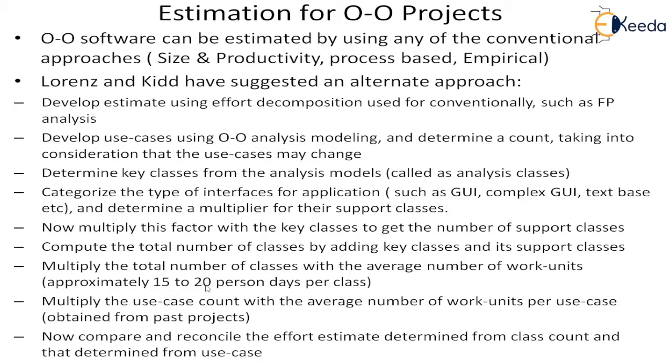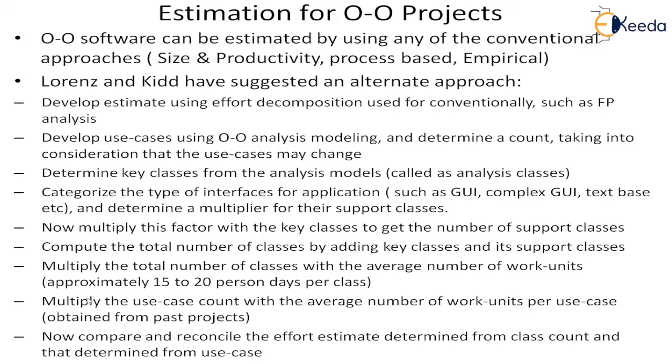So you can take that. So by using this productivity factor, per class, you can determine the effort for all the classes. Now you have the FP method. You have the use case, which you have not done anything with yet, but you can also take the use case count, and then similarly you can take the average number of work units per use case obtained from past projects, and you can determine the effort.